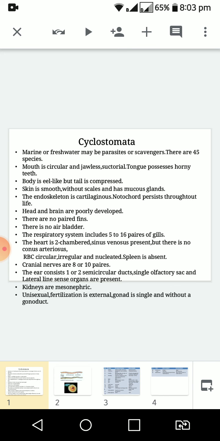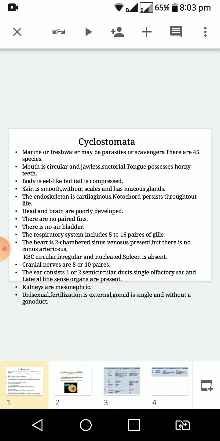Now in Cyclostomata there are two major important animals included, Petromyzon and Myxine. These are the two important animals included under Cyclostomata.